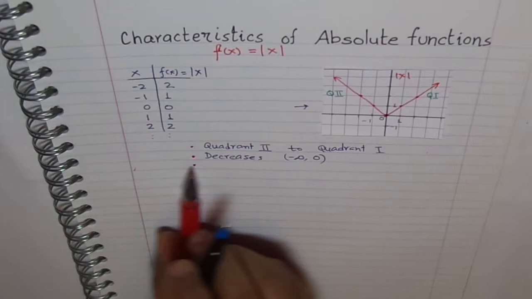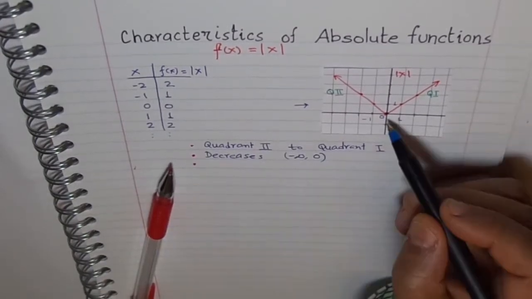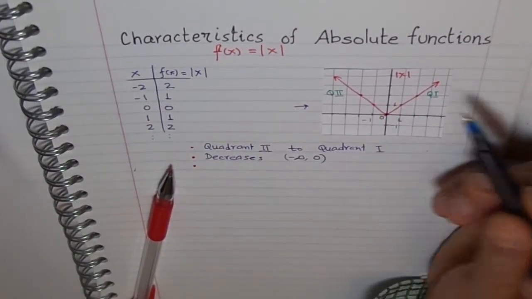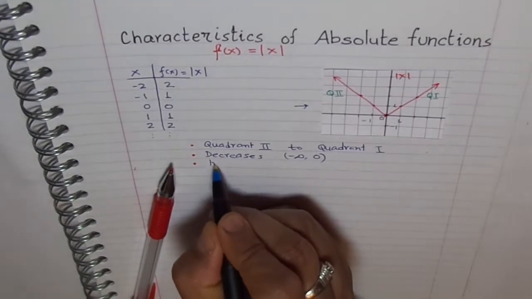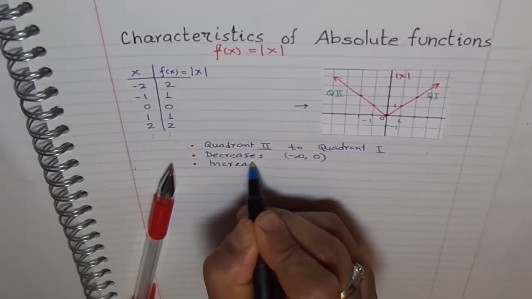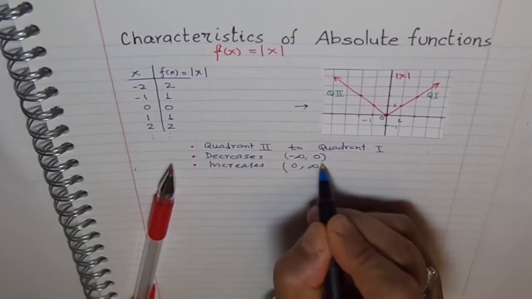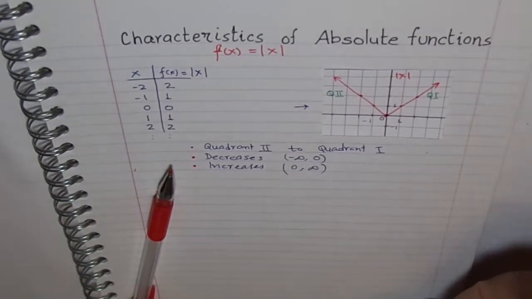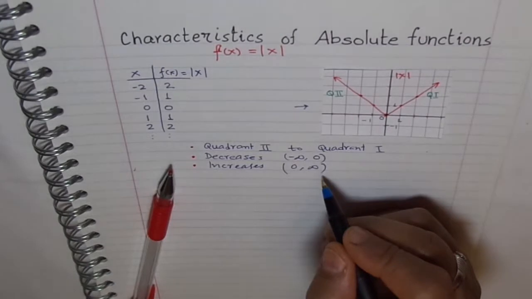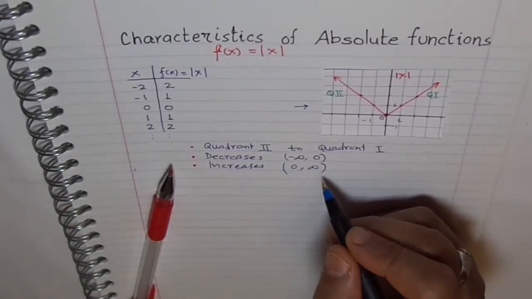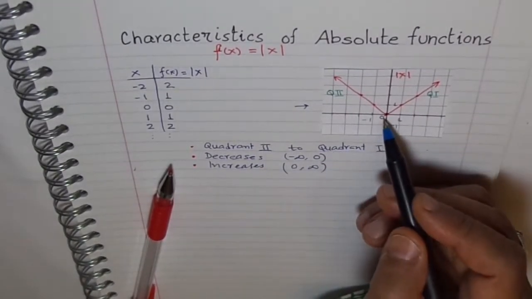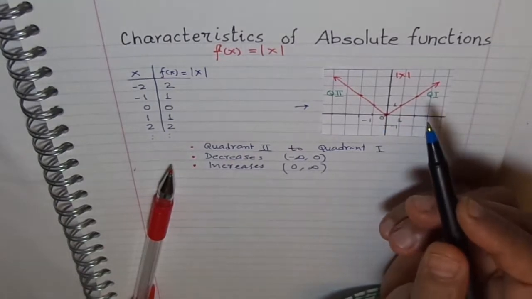It decreases from -infinity to 0. How about this part? It increases, correct? So we say it increases from 0 to +infinity. We need not write plus, it is understood. And infinity can never be included. So it decreases till 0 and then increases thereafter.